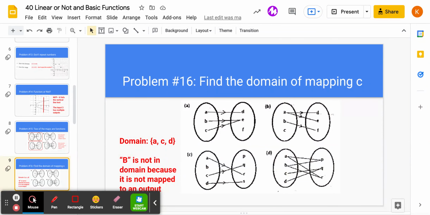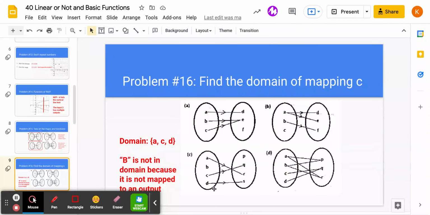When we're talking about finding the domain from a map, really easy. This one is specifically asking us to find the domain for the mapping in C. It's just the input, so it'd be the left oval that we're looking for. A, B, C, D are the values in this oval.